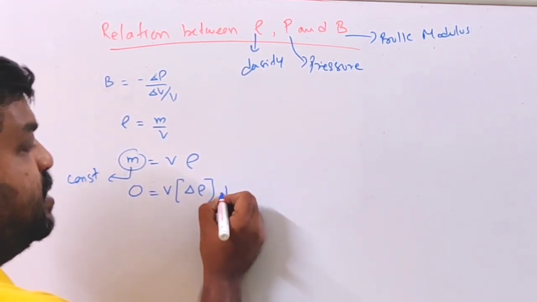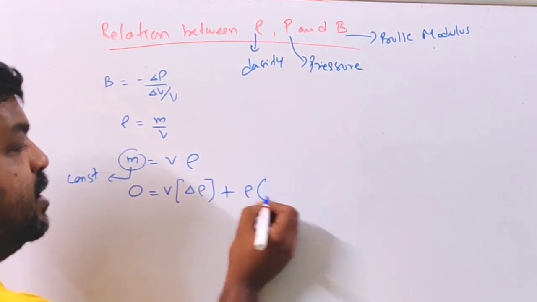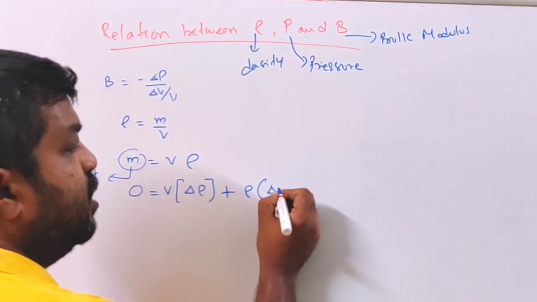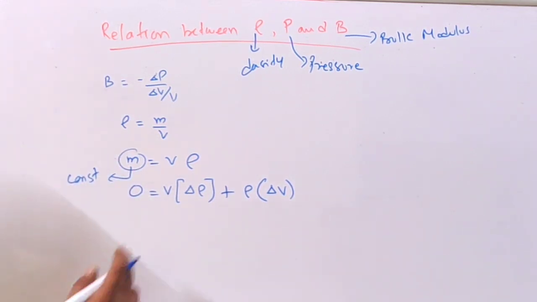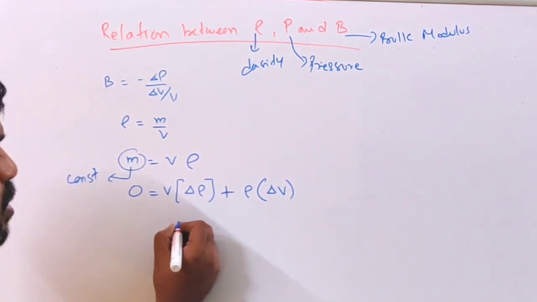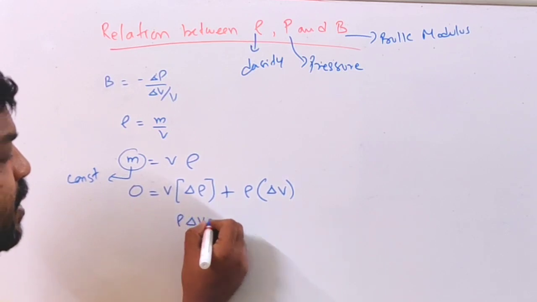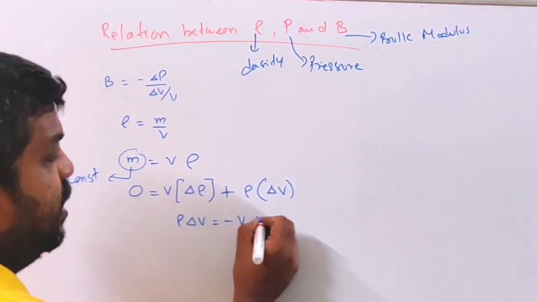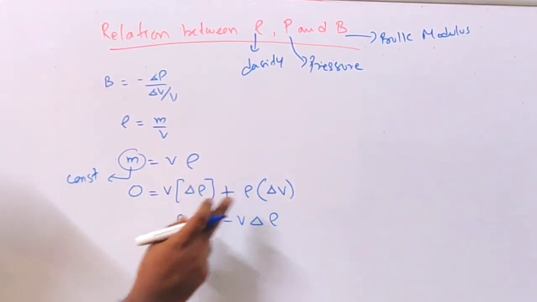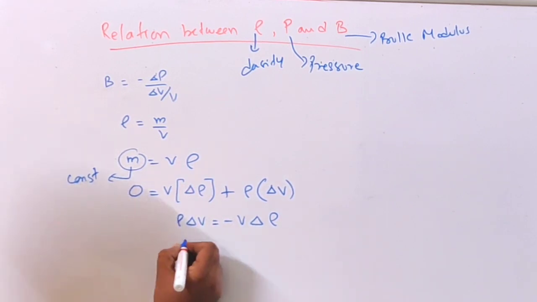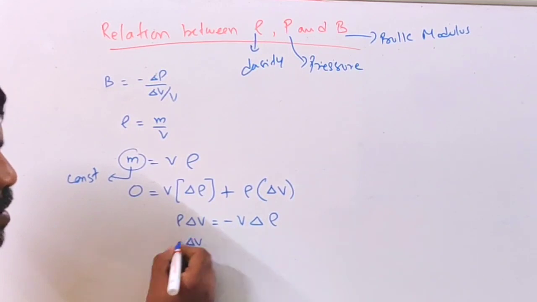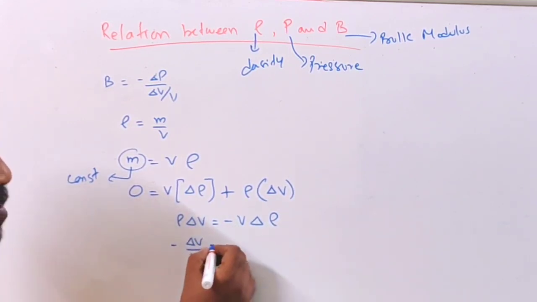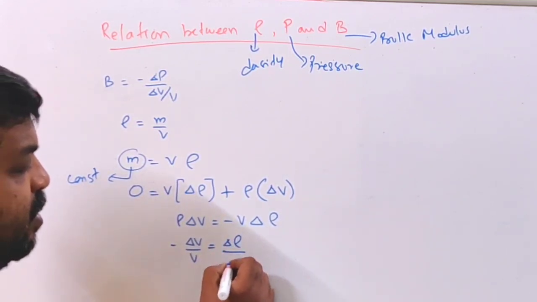Then I keep density constant and differentiate volume, giving delta V. So rho delta V is equal to minus V delta rho. Taking this to the other side, minus delta V by V is equal to delta rho by rho.